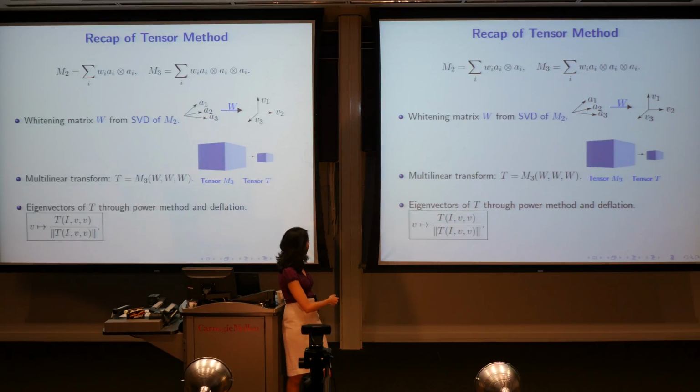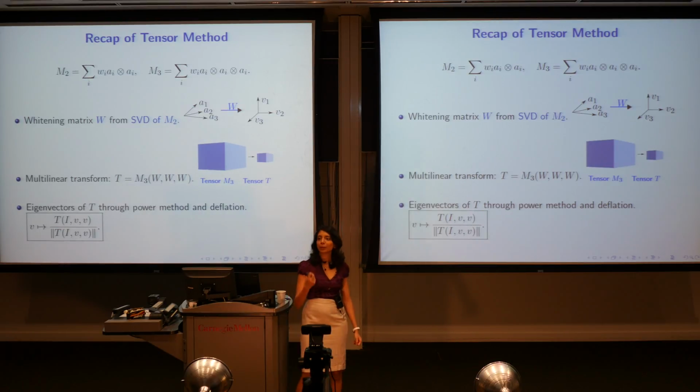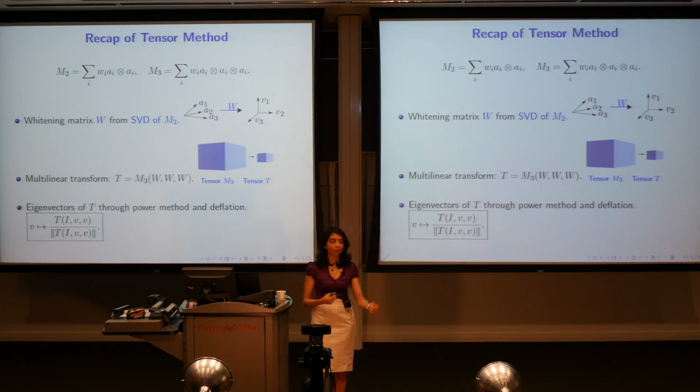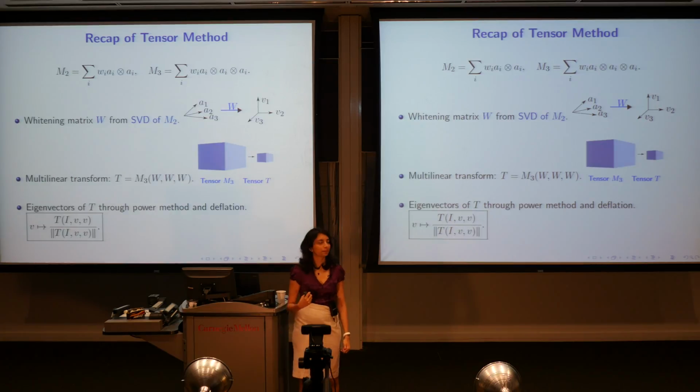The intuition of the power method was that I start from any vector, I do a quadratic operation, I normalize it, and then I keep repeating it. And then the hope is it will converge, and once it has converged, I'm going to deflate, meaning I'm going to remove that component, and then I'm going to just do it again.